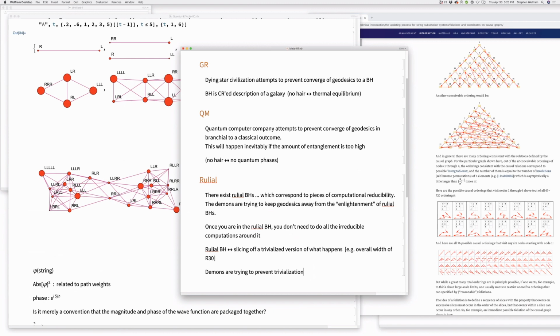Let's think about that for a second. Well, again, think about it in terms of bundles of algorithms.